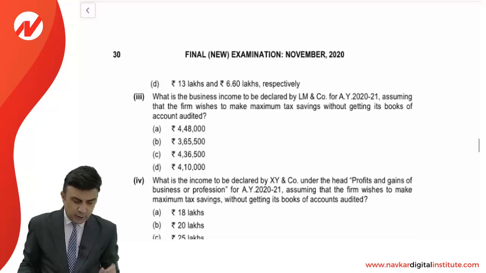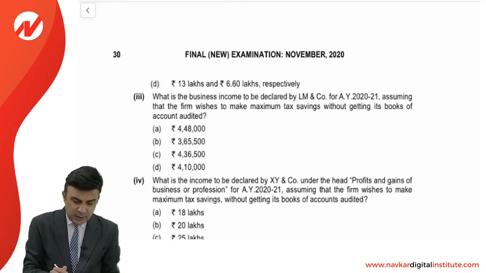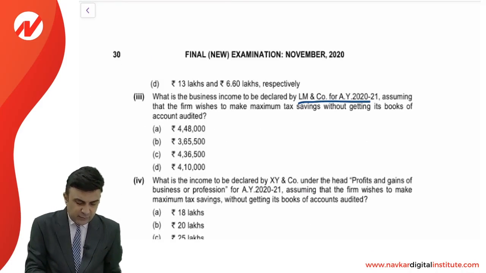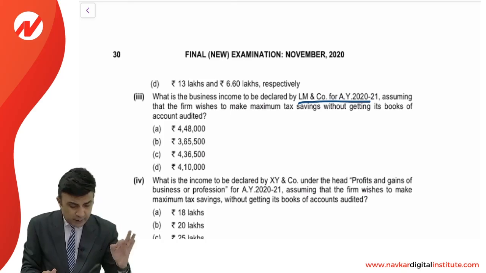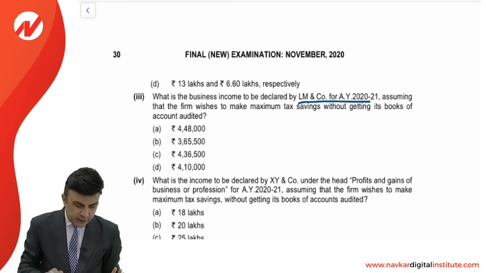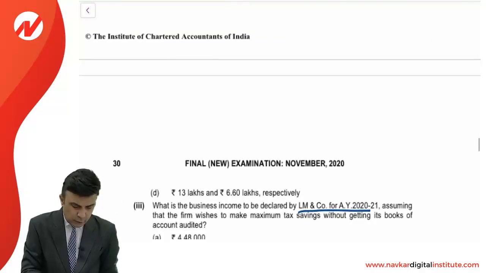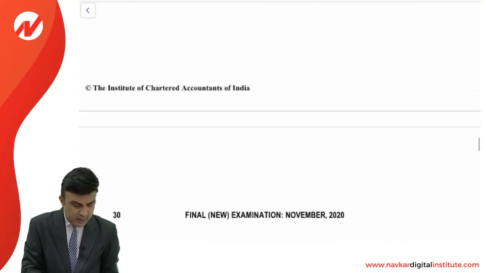The third one: what is going to be the business income to be declared by LMN company for AY 2021, assuming the firm wishes to make maximum tax saving without getting their books of accounts audited? Friends, the third one is for LMN company.